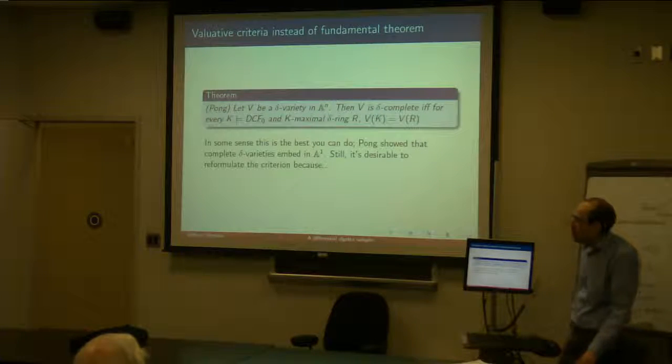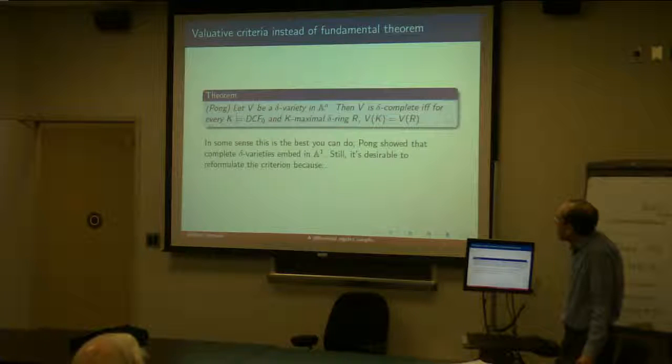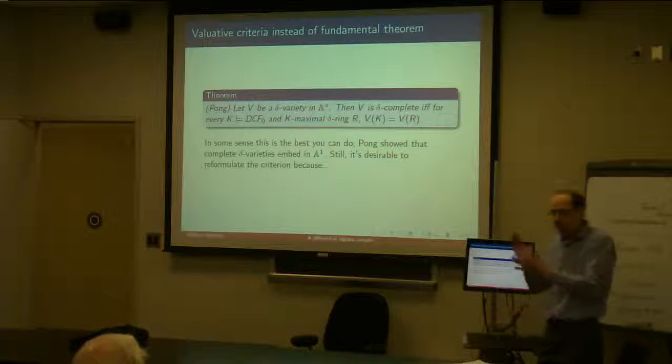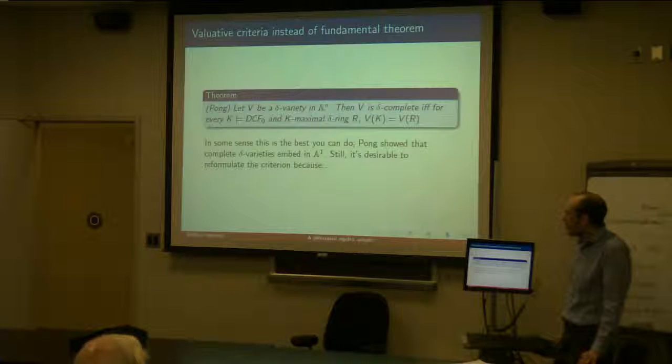You mean that any delta variety in A^n can be put into A^1? Yes, you can do a series of projections and get it into A1, and because it's finite rank, it has to be small anyway.